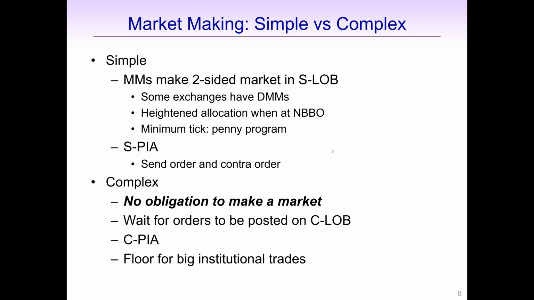It is something about 80%, which means that if a broker-dealer like Citadel would like to internalize the complex orders received from their customers, most likely they would route the order to a complex auction instead of a complex limit order book. So the internalization rate for the complex limit order book is pretty small, something like 20% according to the SEC best execution proposal.